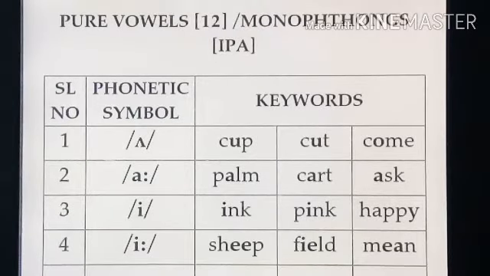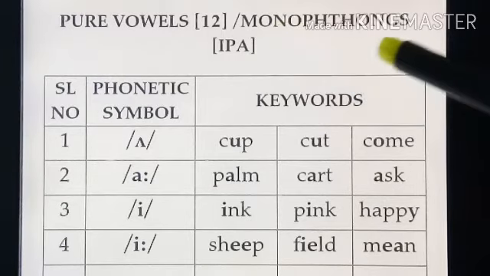Now we are going to learn the pure vowels by the International Phonetic Alphabet. Pure vowel, each one contains a single sound. That is why it is also called monophthongs.